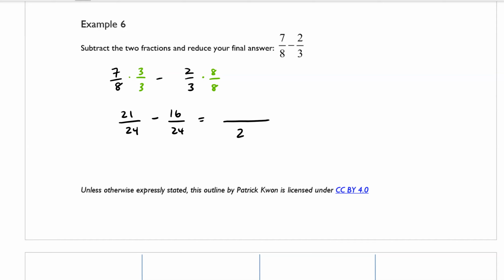And our final answer will have a denominator of 24, and then the numerator will be 21 minus 16, which should give us 5 over 24. And that is as simplified as we can get it. So that is our final answer there.